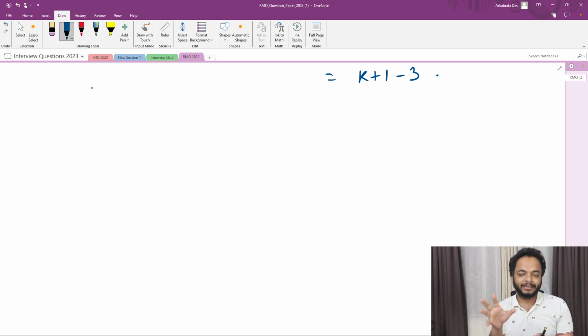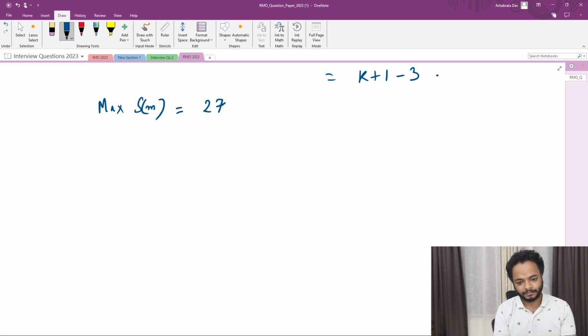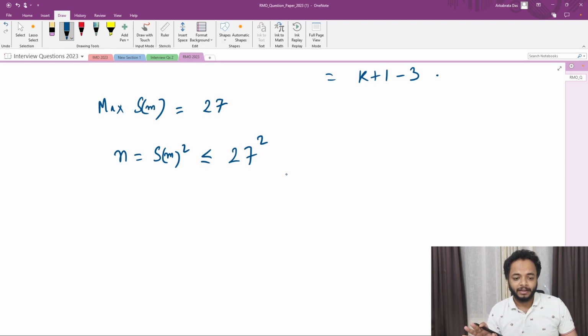So now think that if I have a 3-digit solution, if m is a 3-digit number, its maximum, again, max s of m is what? 27. 9 plus 9 plus 9. So whatever is n, which is s of m squared, it's less than or equal to 27 squared.